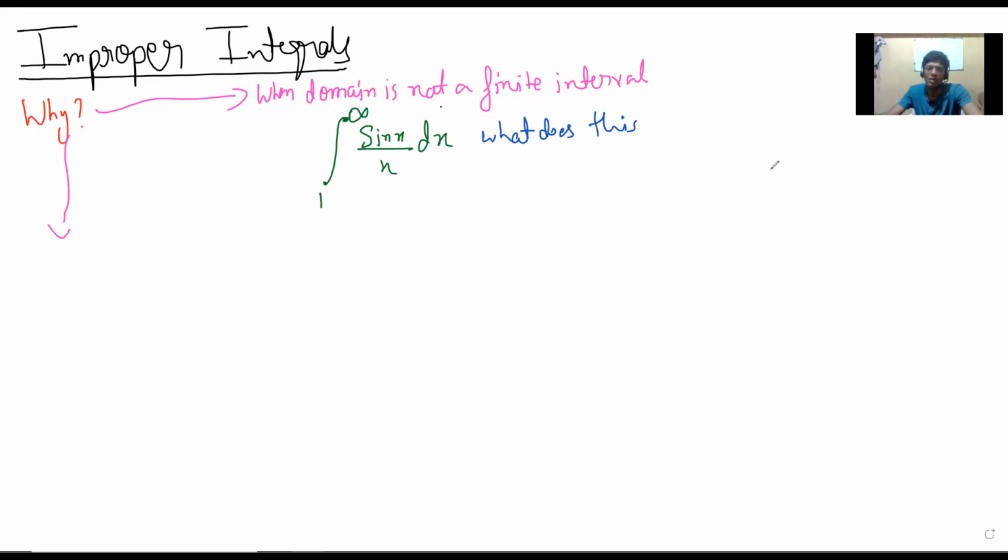Important part is to be able to know what this means. So let's try to understand that. Anyone would like to say? What does this symbol mean? How do you see it?